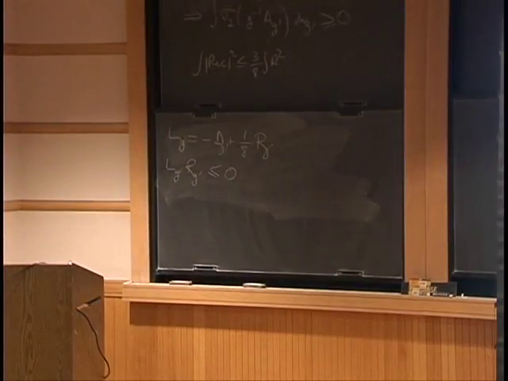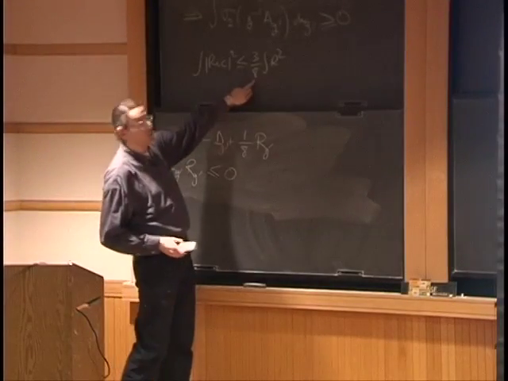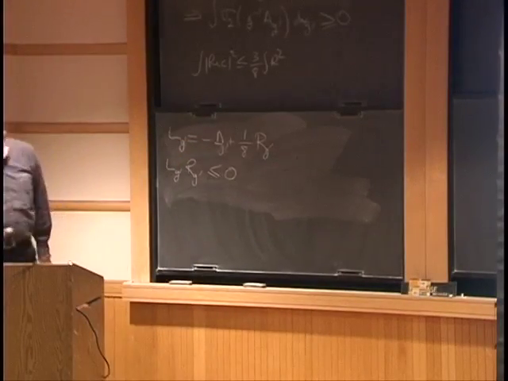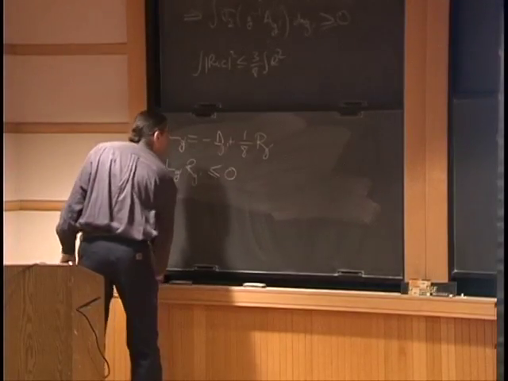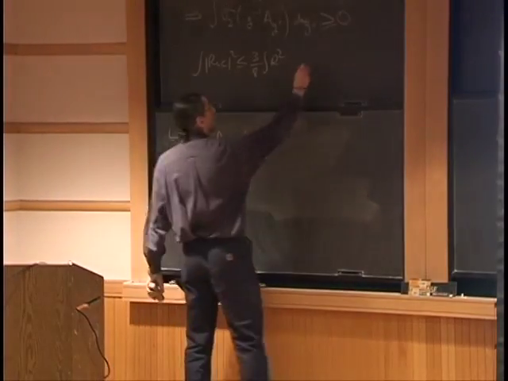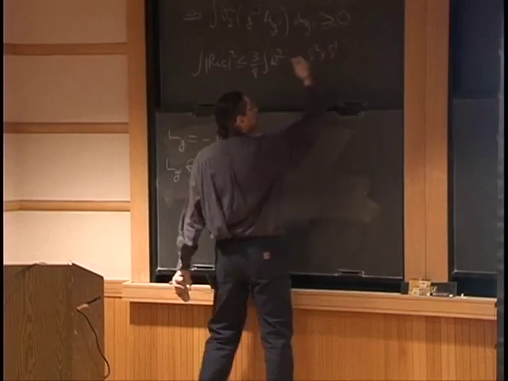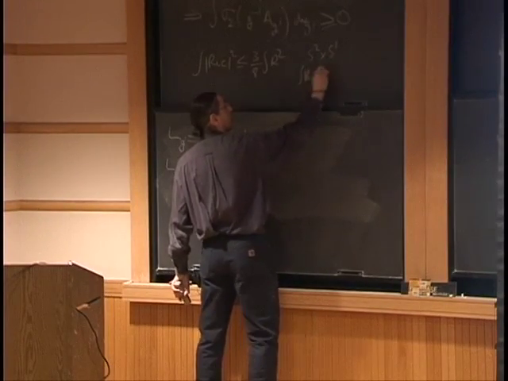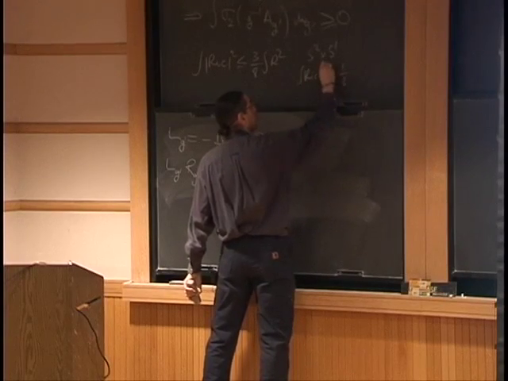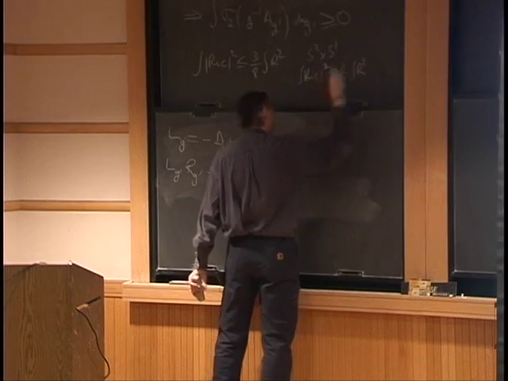So the question is, is this 3/8 here optimal? So for example, if you take S^2 cross S^1, you will have that the integral of Ricci squared is equal to 1/2 the integral of R squared.